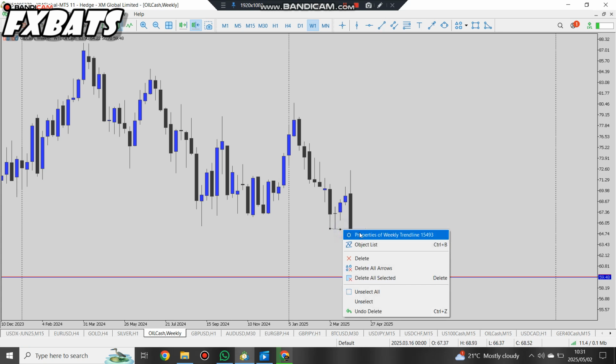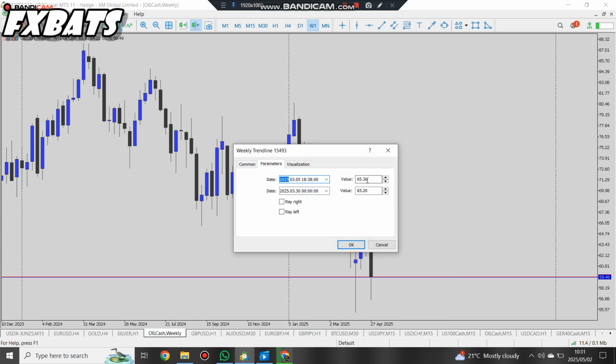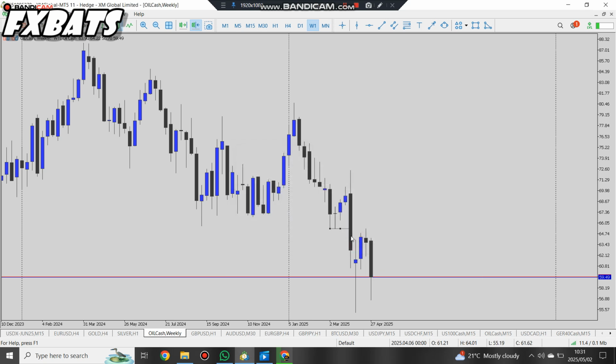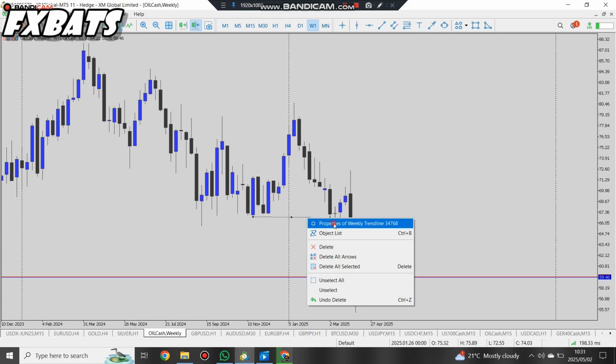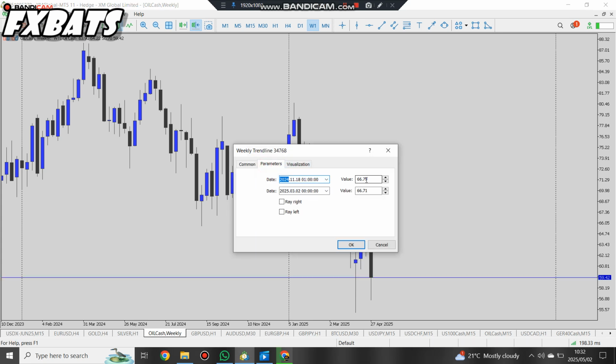This should be my recent break of structure on weekly. I'm analyzing on MT5 directly. You could see oil has been massively bearish, and the way it's been breaking below the structures.